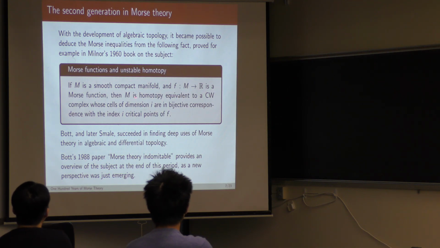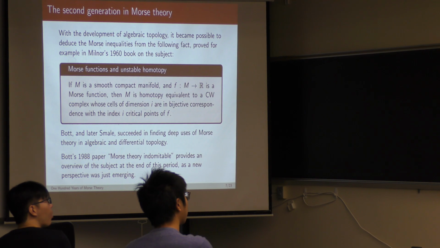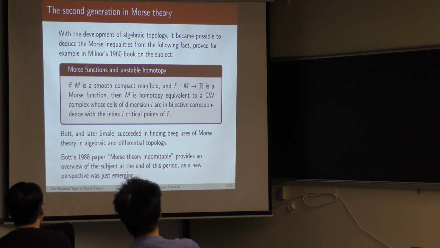Then what was proved essentially in Morse's book is that the manifold M is homotopy equivalent to some kind of cell complex. In this cell complex, the cells are indexed by the critical points. There is a cell of dimension I for each critical point of index I. So that tells you that at the level of homology type, you can build the manifold from the Morse function.